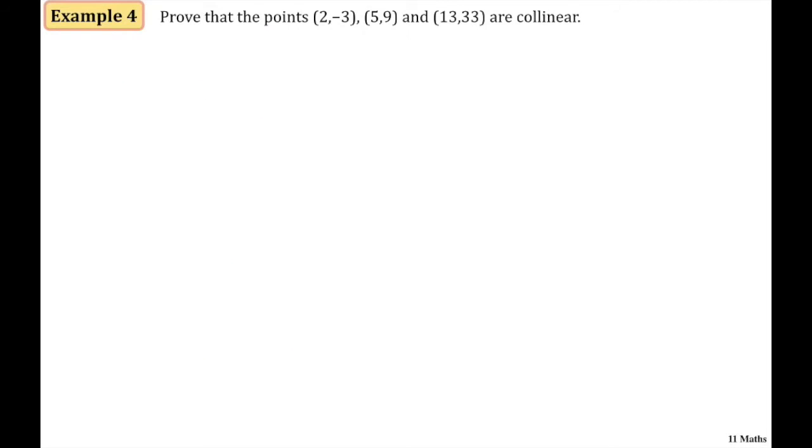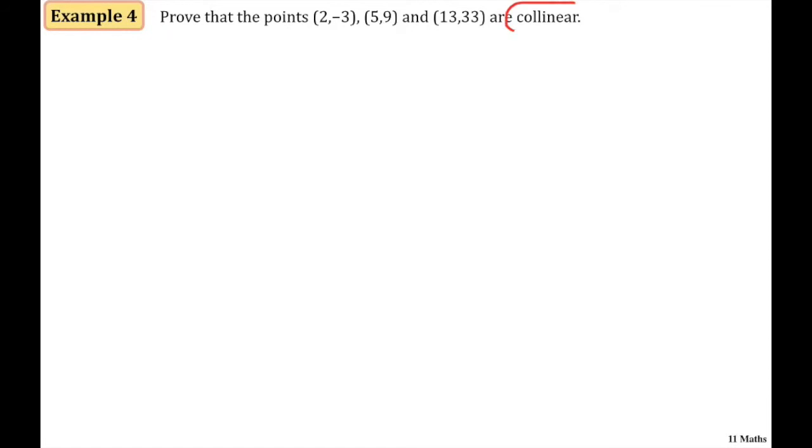Let's move on to example number 4 now. Example 4. Prove that the points, well, we've got 3 points, and we need to prove that those 3 points are collinear. Now, what does the word collinear mean? Well, collinear means that all of my points lie on the same line.